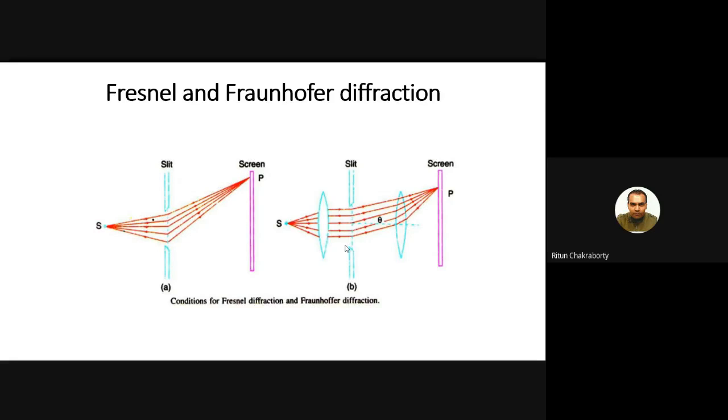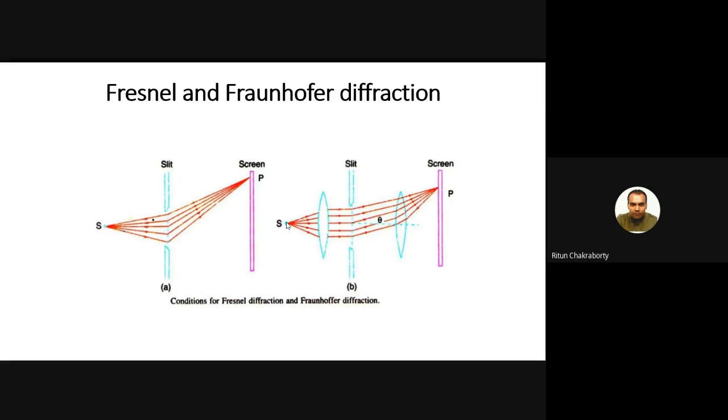And there are two lenses we have already learned. This is lens 1 and this is lens 2. So what is the function of this lens? It converges the rays of light which are coming from infinity. Infinity means the source.